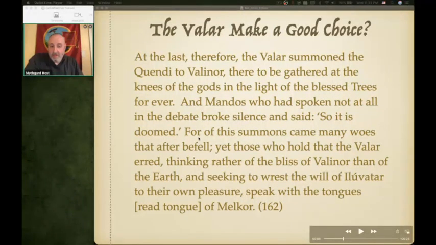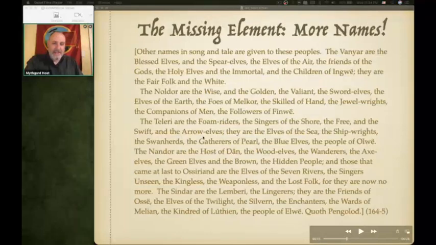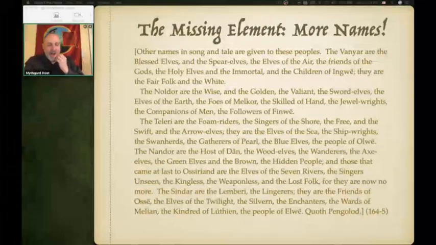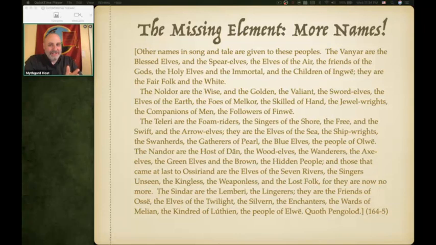And we know that sentence, the tongues of Melkor business, is not going to make it to the published Silmarillion, right? He's not gonna land there. I don't want to spend a whole lot of time with this. I just love this passage.